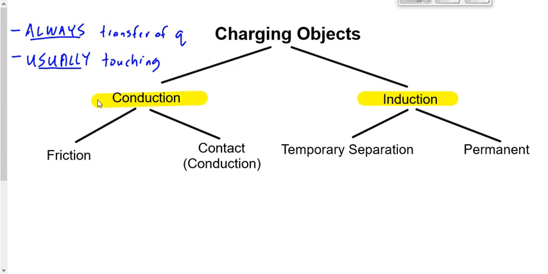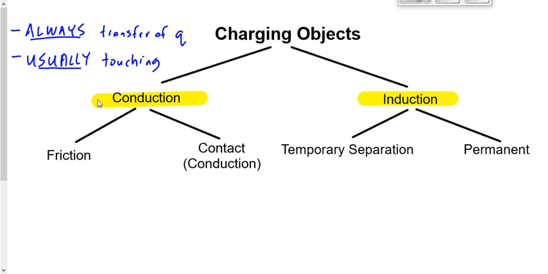But sometimes you walk up and you're a little nervous about touching the finger, so you do it really slowly, and all of a sudden the charge jumps from your finger to theirs before you actually touch. That's still charging by conduction because it was a transfer of charge. It's just that it didn't actually require the touching.